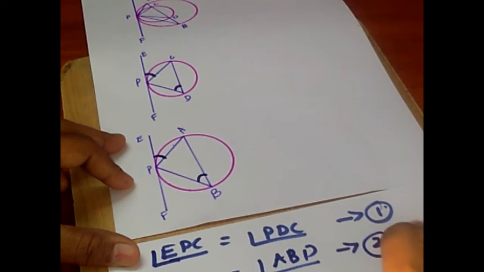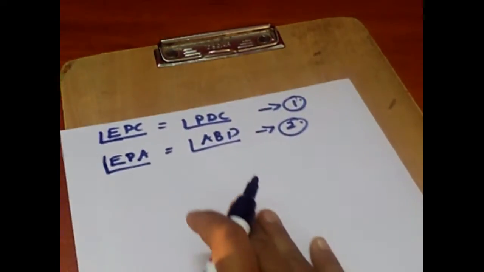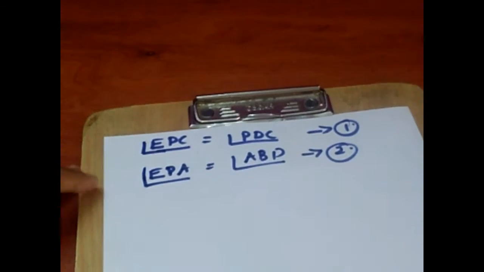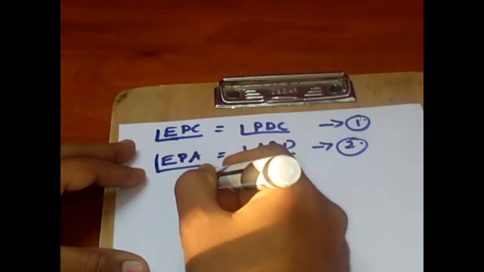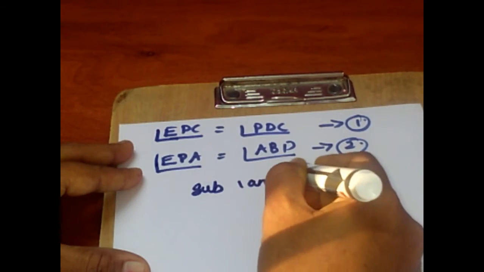Result number 2. Now let us subtract result 2 from result 1, because what we need is the angle CPA, which can be obtained by subtracting these two results.